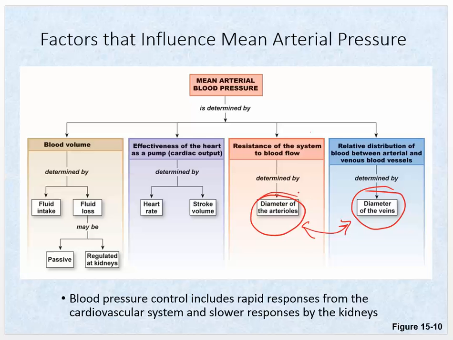We can also change the heart rate and the stroke volume, and epinephrine can change both. Epinephrine can be released into the blood and bathe the heart muscle cells, which will cause them to beat harder. It'll hit the SA node, which will cause it to depolarize more quickly. So that's another way that blood pressure is controlled.